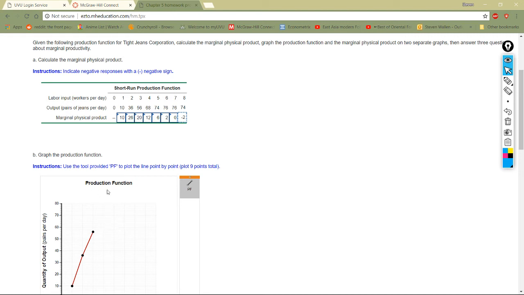They're not asking for an efficiency function, they're just asking for a production function. They just want to know what's being produced. So 4 is 68. 5 is 74. 6 is 76.